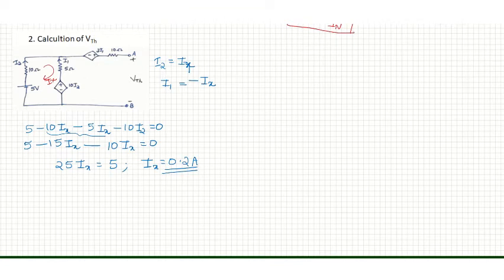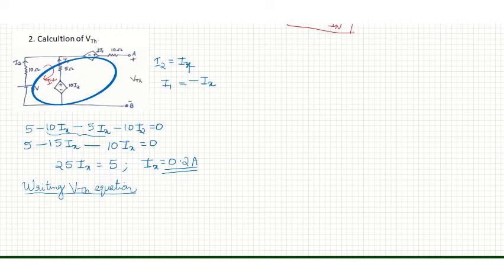Now we have to write the Vth equation. Let's consider this loop. It will be 5 minus 10IX plus 3I1, then the voltage drop across this resistor is 0, so plus 0, then minus Vth equals 0.